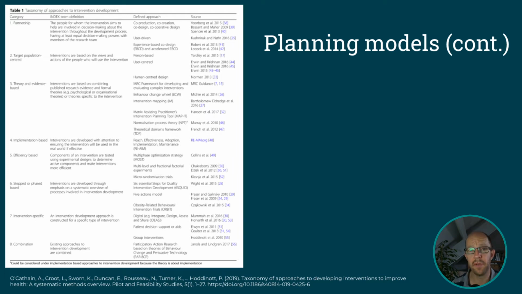If you look at the paper, you'll see a very thorough examination of some of the strengths and weaknesses, and a more detailed look at the purpose of the various planning models. Once again, you'll see the COM-B model, intervention mapping, Precede-Proceed, and the MRC, amongst many other models. What we're keen to look at is some of the themes across these models, and then also some of the differences. These two papers are highly recommended for examining them.